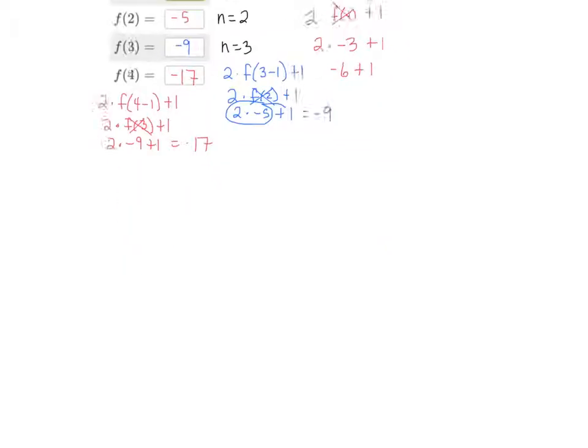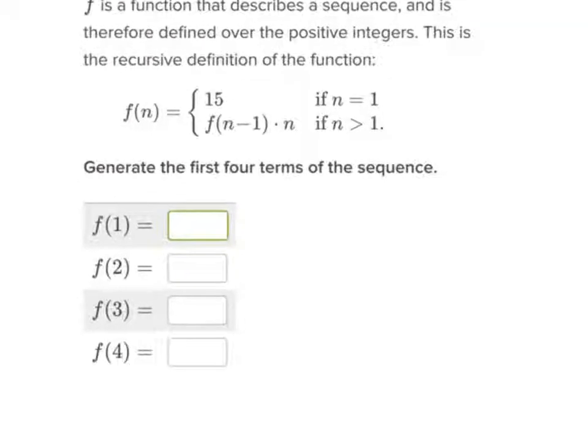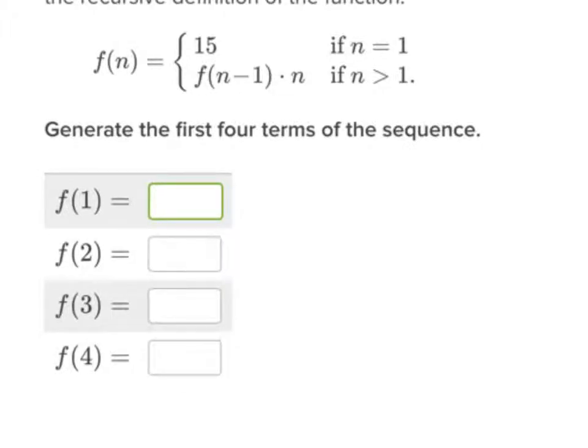Okay, so let's try another one. Pause the video and try this one on your own. So this is the same type of question. This is our function. And they say if n is exactly 1, the output's what? 15. And then if n's anything bigger than 1, you need to use this function. Well, n in this case is 1, and so the output's what? 15.